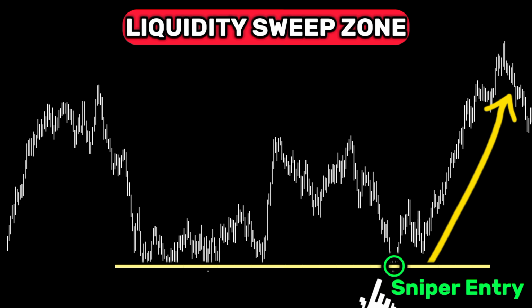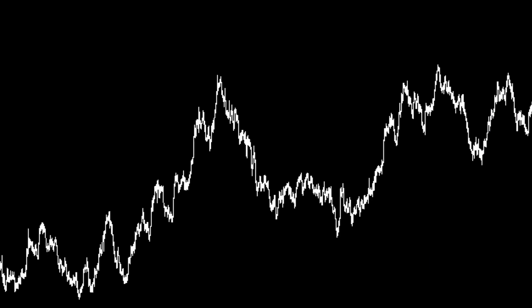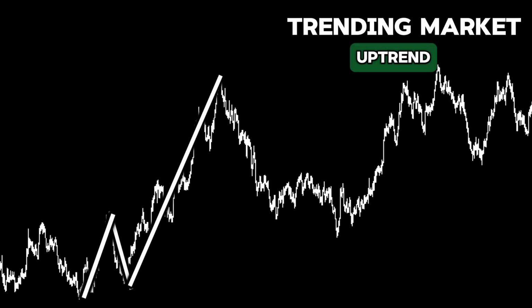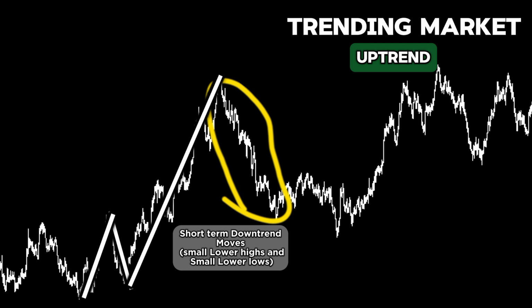So now, let's begin to arrange all these concepts together and see how we are going to turn them into a golden strategy. First of all, we must make sure we are moving in a trending market. So now, if we identify a trending market, just like this one, which we can see is moving in an uptrend, we want to see the price retracing after making a new higher high, and at the same time, making short-term downtrend moves as it retraces.